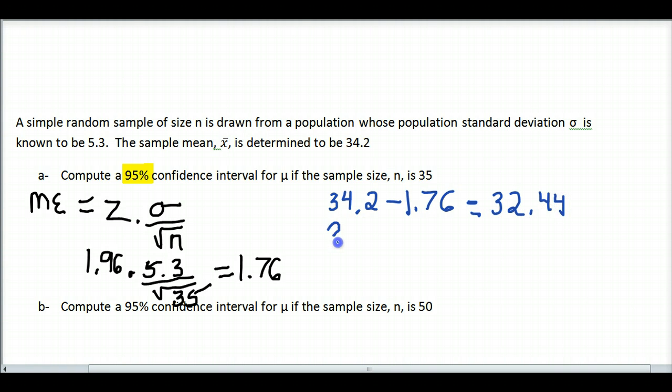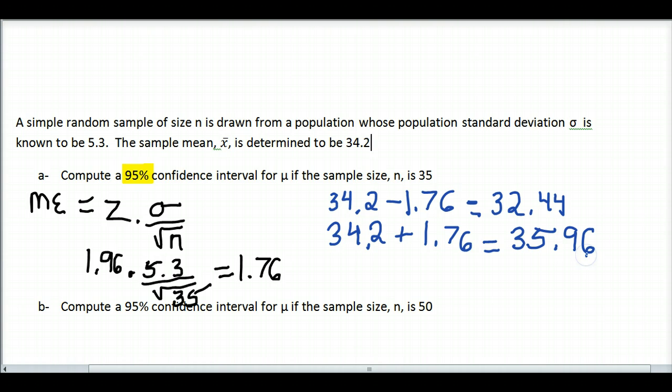And I want to add my margin of error to get my top value. 34.2 plus 1.76 gives me 35.96.